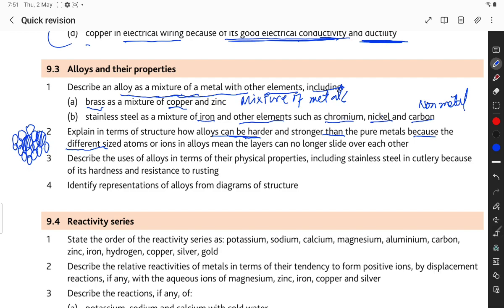And a pure metal has regular layers of atoms which slide over each other. This is the difference. This is alloy structure and this is metal structure. Different size atoms or ions in alloys mean the layers can no longer slide over each other. So mixing of other metals prevents the layers from sliding over each other. So that's why alloys can be harder and stronger than the pure metals.